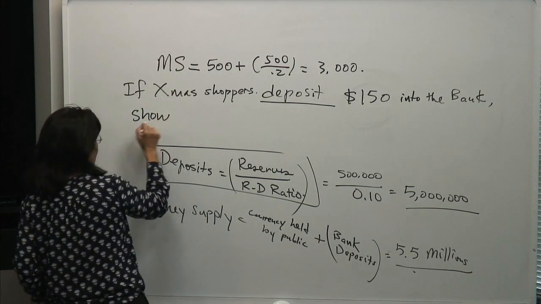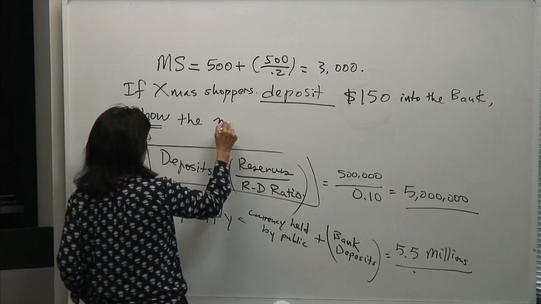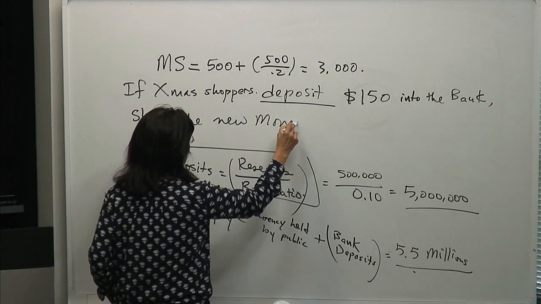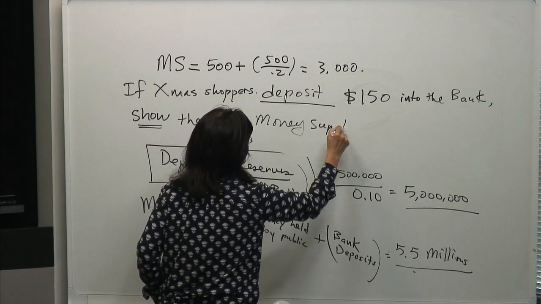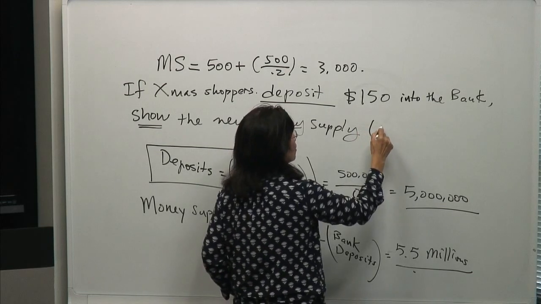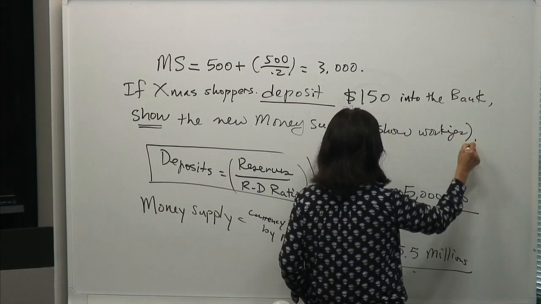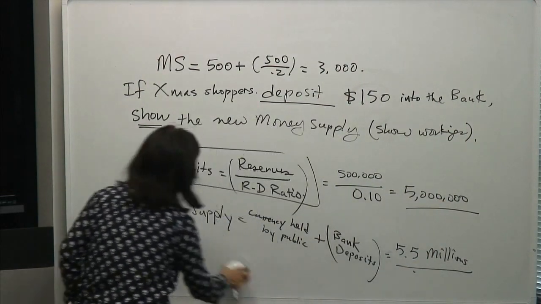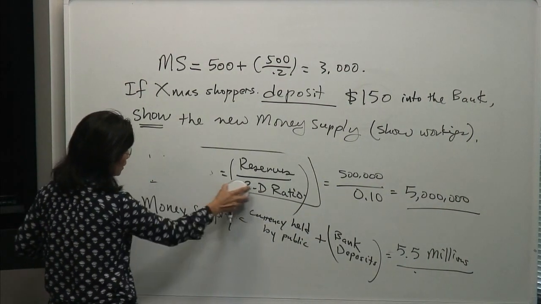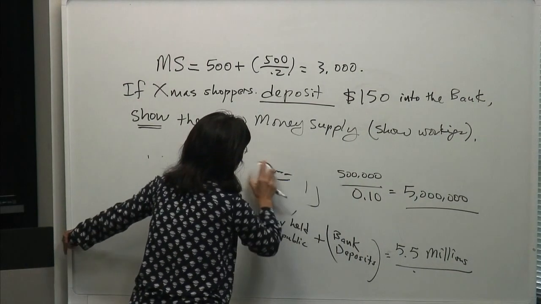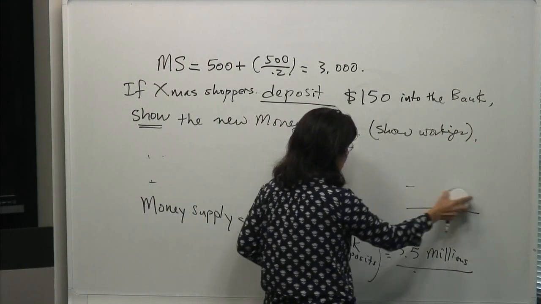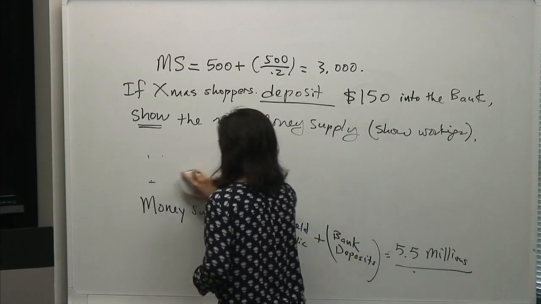show a new money supply. Show working. That's it. Everybody understand? We have erased because you don't need it. So all you need is that last equation. Please do not ask anybody how to do it. I would like you to do your own work.